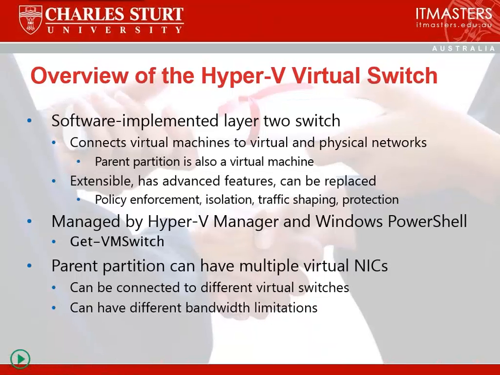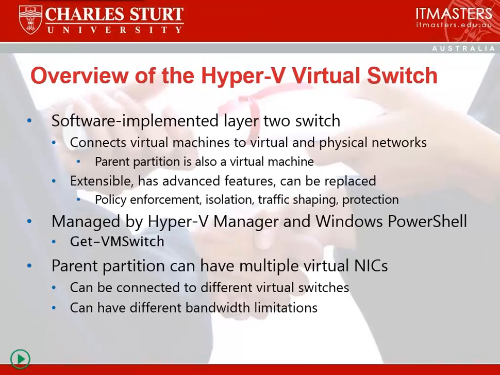For the virtual switch, what is that? Last week we did talk about it. I said virtual switch is basically the DHCP server or the switch which assigns us IP addresses. It's software based and it is a layer 2 switch which connects your virtual machines together. You can extend it.